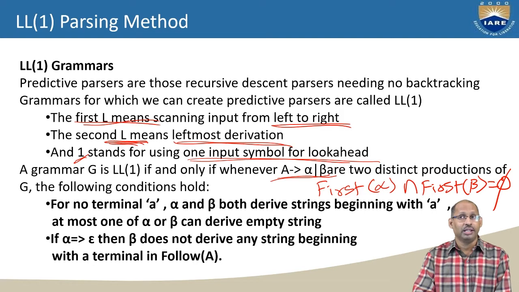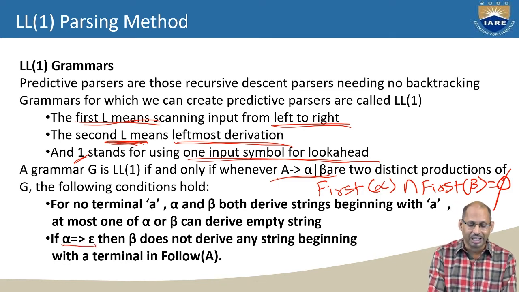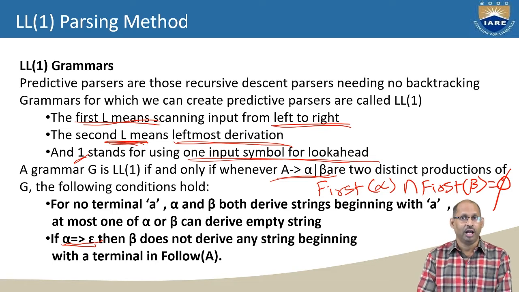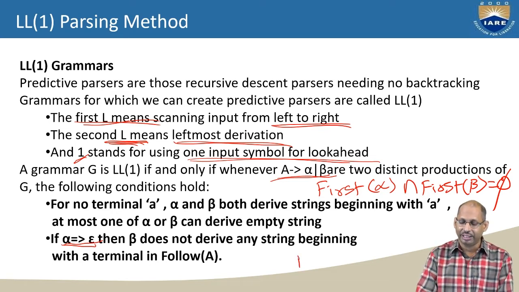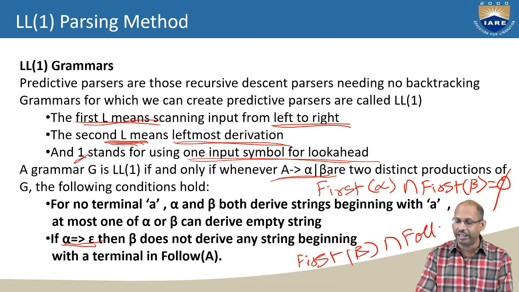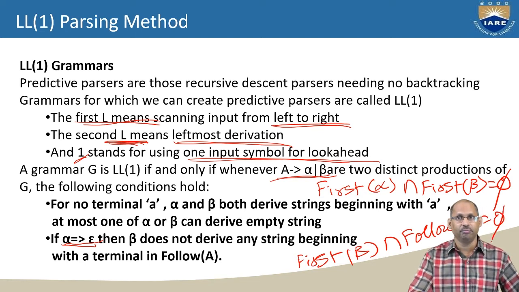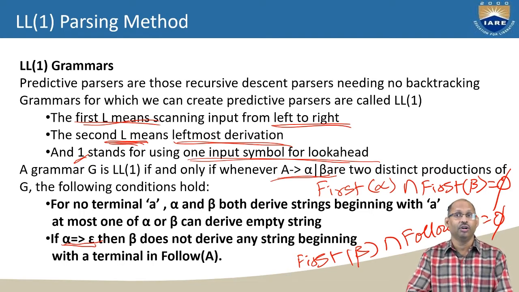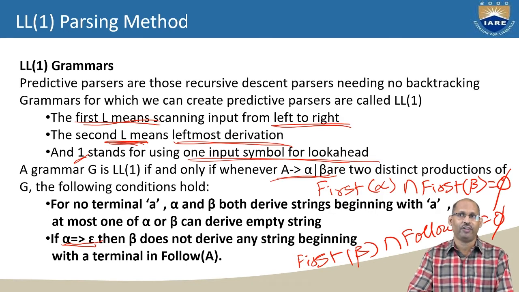Here, one of these two productions might be epsilon. Both should not be epsilon, but one of them might be epsilon. In such a case, if alpha is epsilon, then first of beta intersection follow of A should be phi.